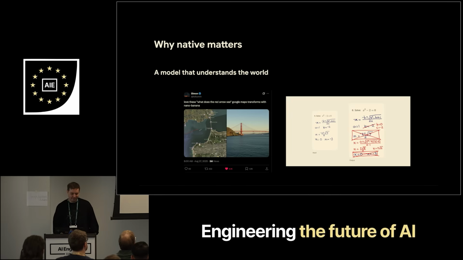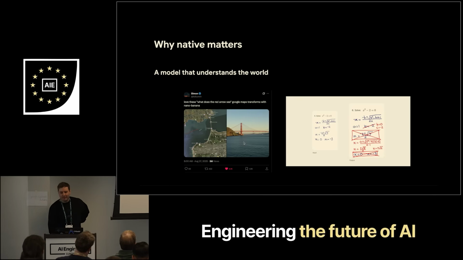On the left side is, for example, an example I found on Twitter and really like from NanoBanana 1, where you can draw arrows on maps and just tell it, hey, create a picture of what you see here. And since Gemini understands the world, it's able to correctly create a picture of the Golden Gate Bridge for you.